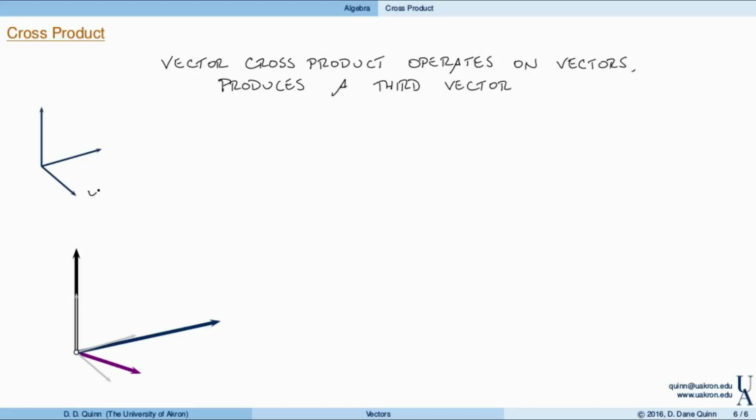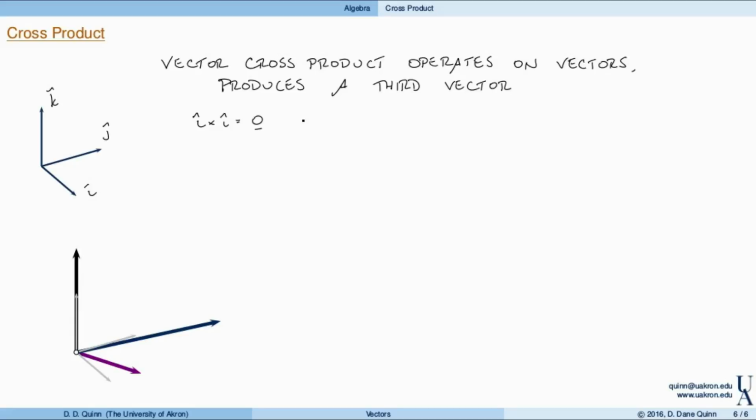So here, if I take basis directions i, j, and k, then the vector cross product is defined in terms of what the cross product does to combinations of these vectors. So for example, i cross i is equal to 0.